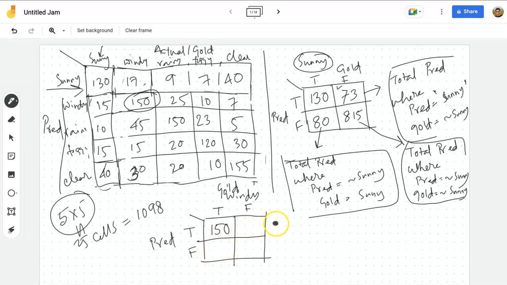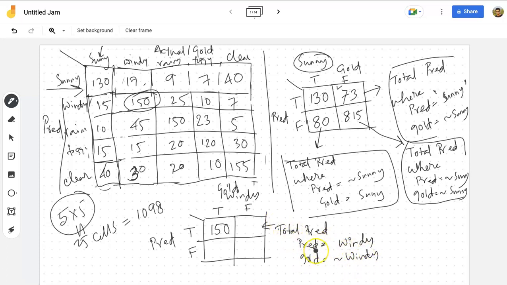Now what about this cell? How to calculate, if you remember? What does this cell represent? It is the total where the prediction is windy, but the gold is not windy.